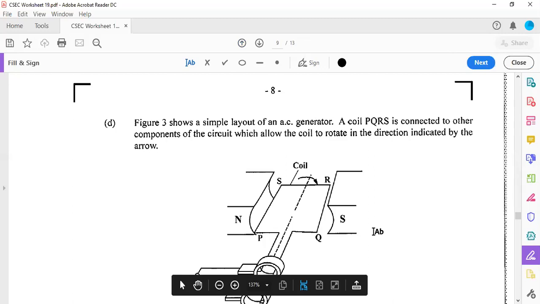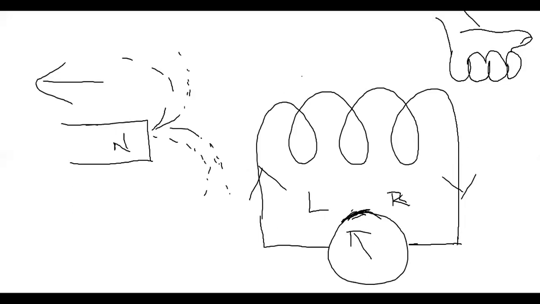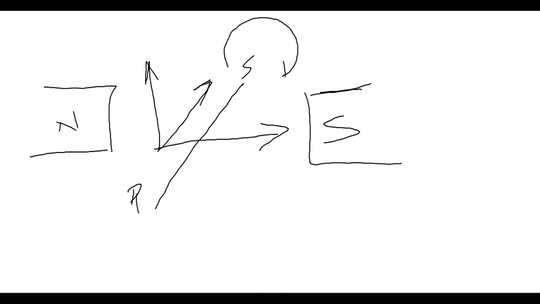Your magnetic field, I'm going to draw it on the whiteboard here. Right. So this is P, this is S, this is your magnetic field N, this is S here. So you're going to hold your fingers in this direction here, and upward because your rotation is clockwise.